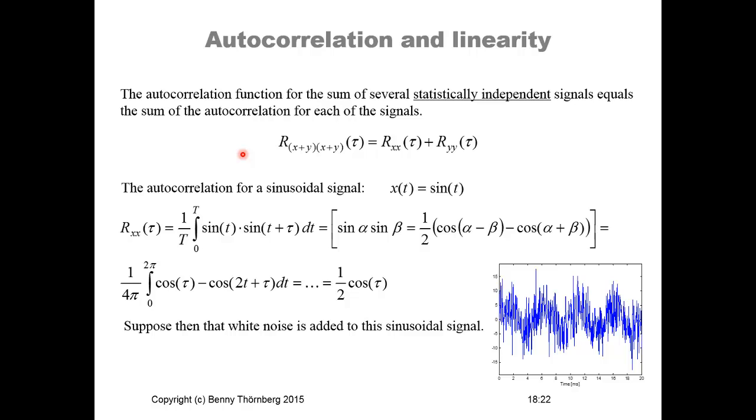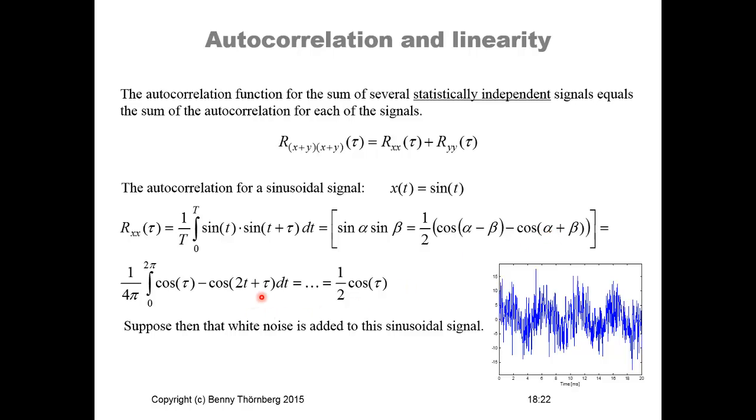If we now continue with computing the autocorrelation function for a sinus signal x of t equal to sinus of t, we will do this by evaluating the integral according to the definition for the autocorrelation function of a power signal over the interval of T, dividing this integral by T. We have sinus of t times sinus of t plus tau. It's a product of two sinus waveforms that we can rewrite as cosine.